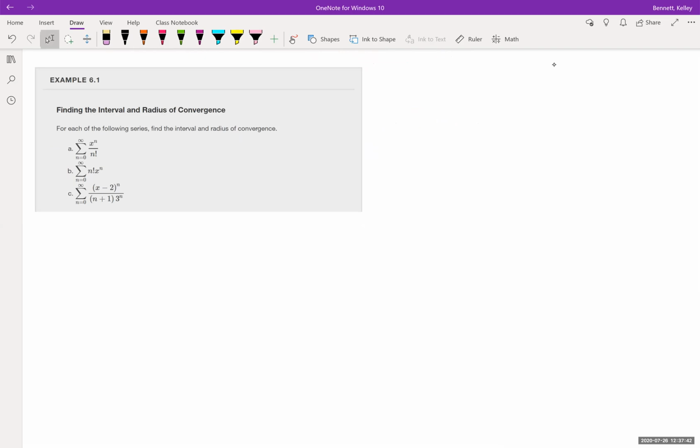All right, so we have our power series here, and we want to find the interval and the radius. So remember that radius is a number, a single number, and our interval is going to be a set.